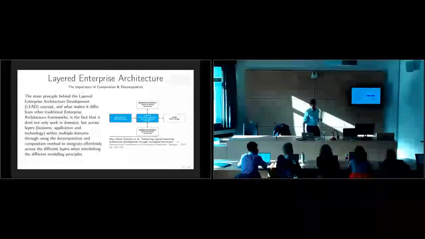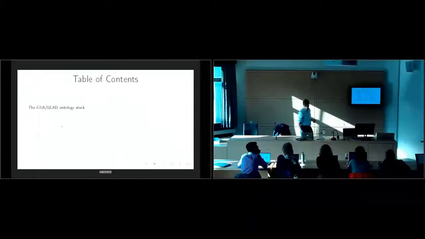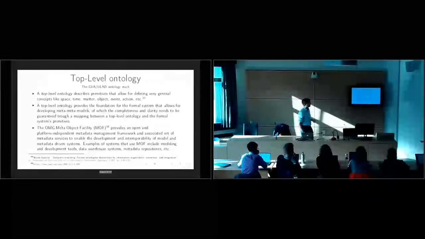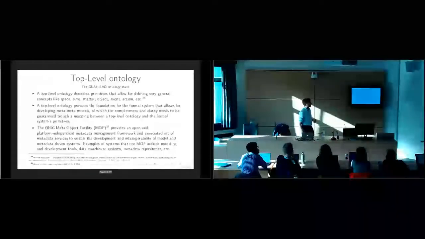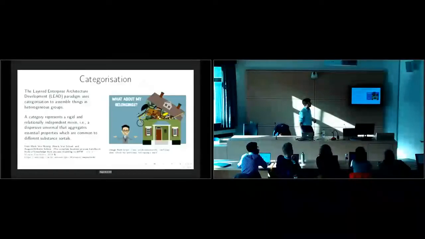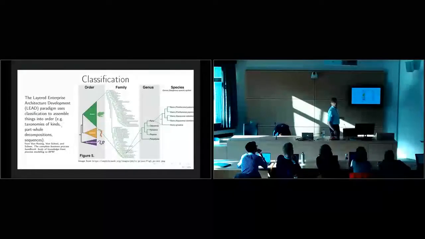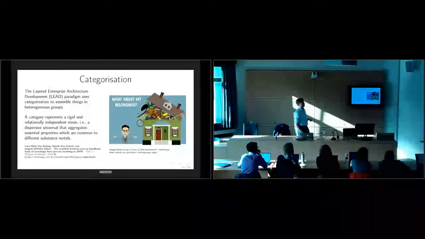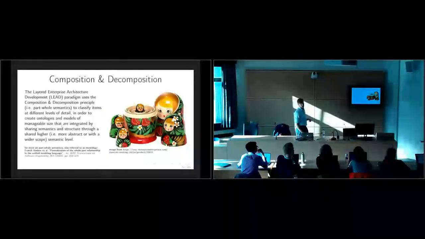So the layers are the layers you see here, but in the ontology stack, we only have classification of kinds. In leading enterprise architecture, we also make layers with categories and with composition and decomposition.